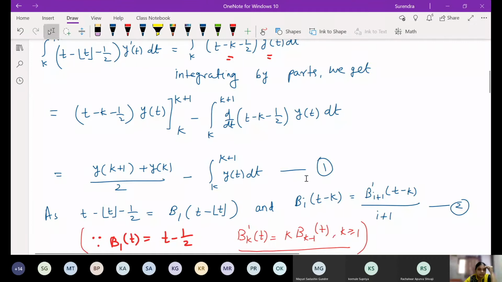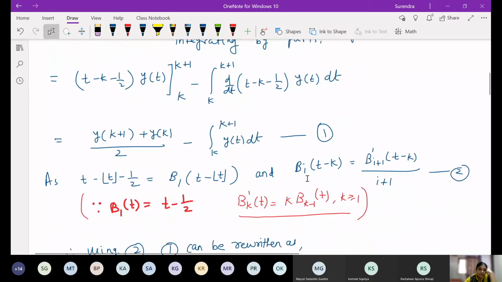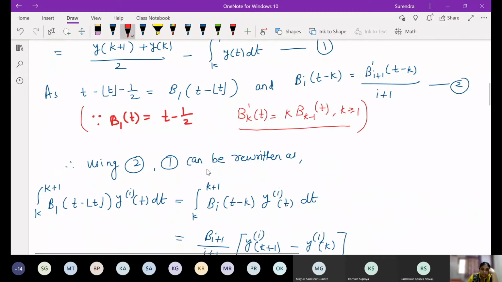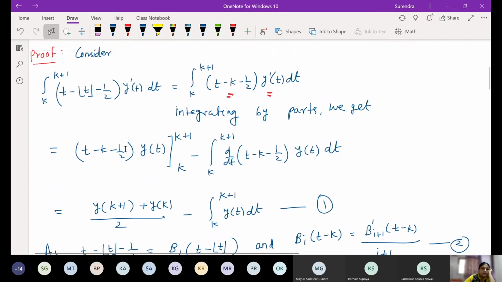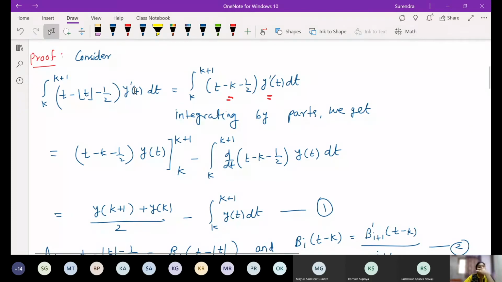Wherever y(t) is there, there I will get the (i minus 1)th derivative, since here we have the first derivative, and here the zeroth derivative.